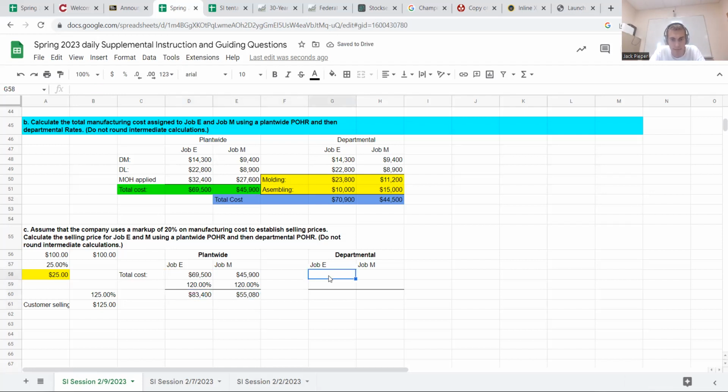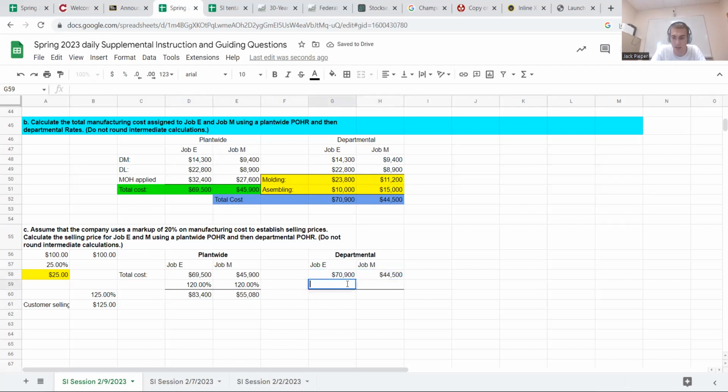All right. So now for the departmental overhead rate, we'll take the total cost that we found for the departmental overhead rate plus the cost of the job, and then multiply it by the same amount. So we'll do the 44,500.